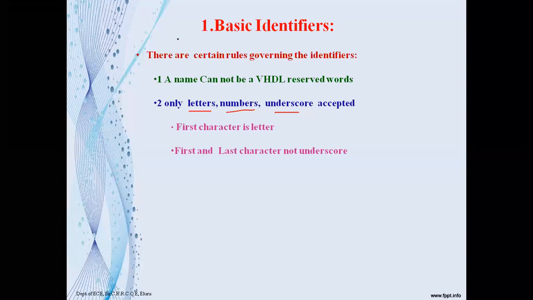So the VHDL identifier must begin with a letter, and it should not start with the underscore and it should not end with the underscore. In between you can use the underscore.